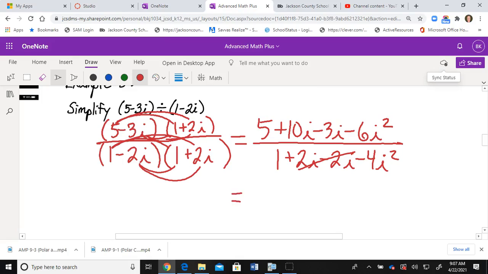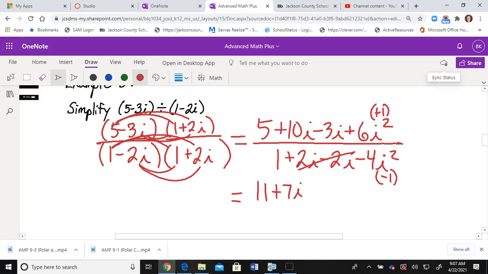What's i squared again? Negative 1. So I'm going to replace both of those i squareds with negative 1s. Now, rather than being minus 6 times i squared, it's minus 6 times negative 1, which makes plus 6. So 5 plus 6 is 11. 10i minus 3i is 7i.